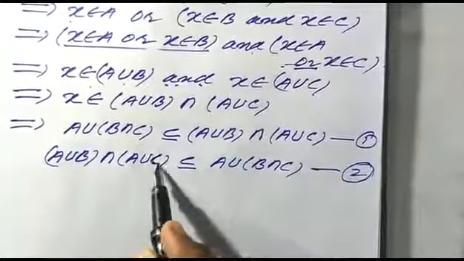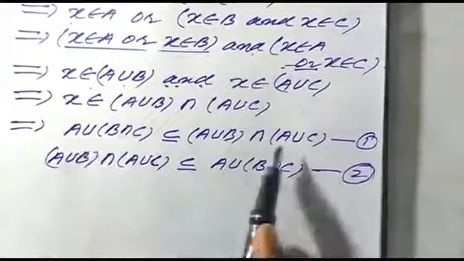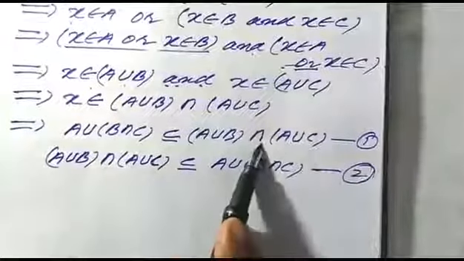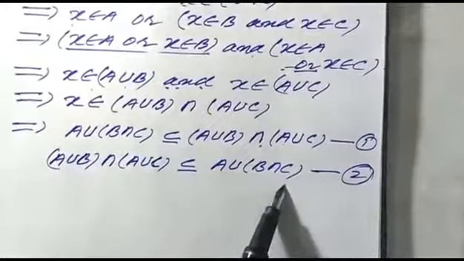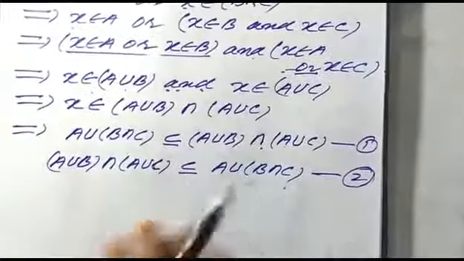So from these two results, if this set is a subset of that set and that set is a subset of this set, both sets must be equal.